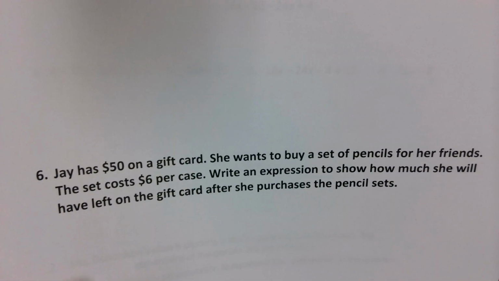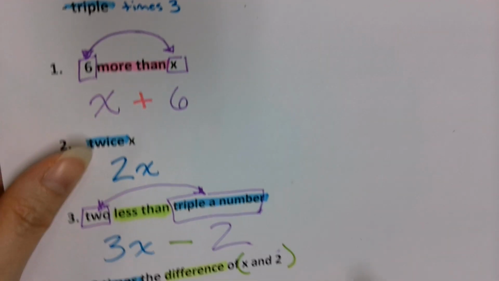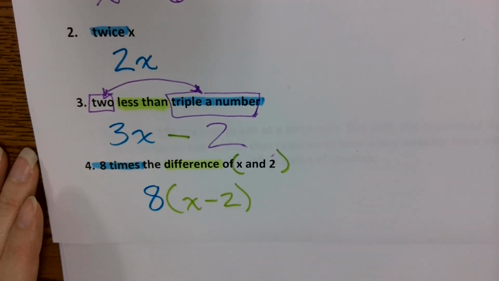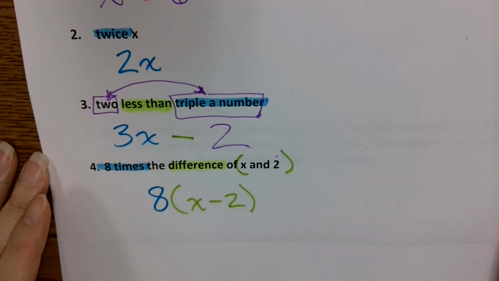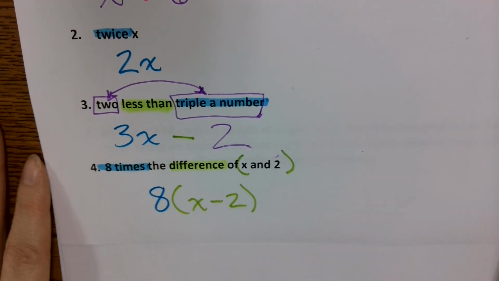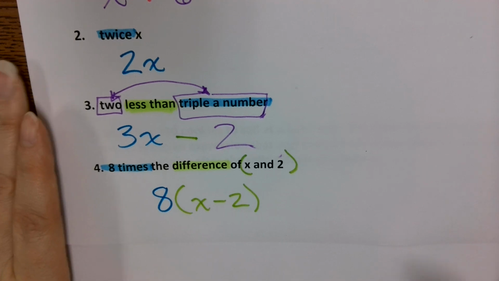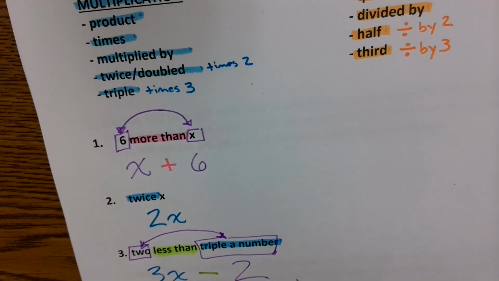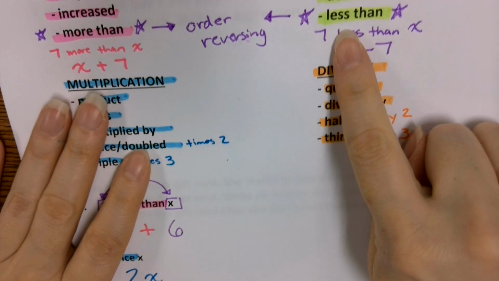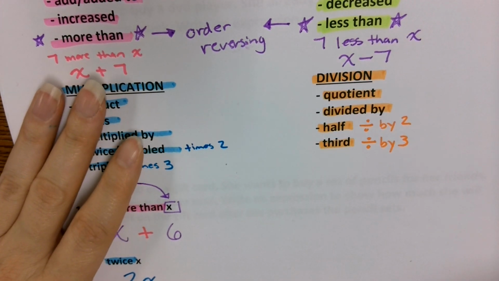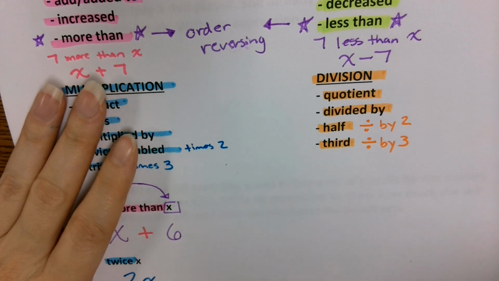Why is less than order reversing? Because it's saying that you're doing this much less than something else. So if I say, how old are you? 12?